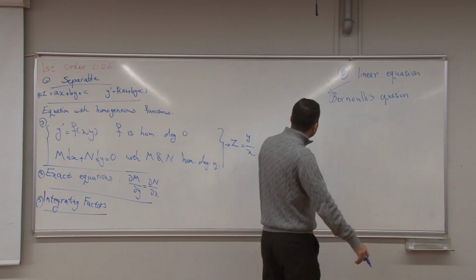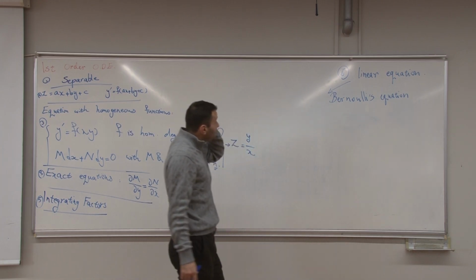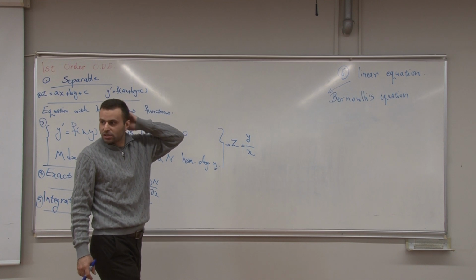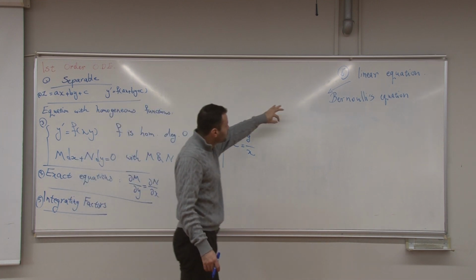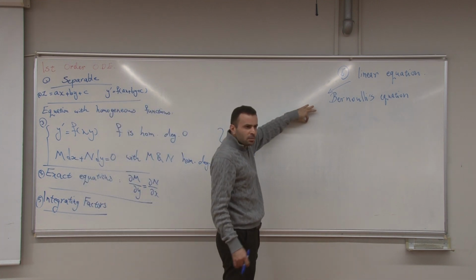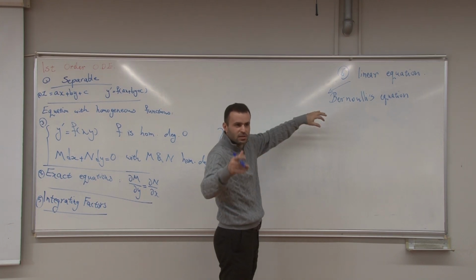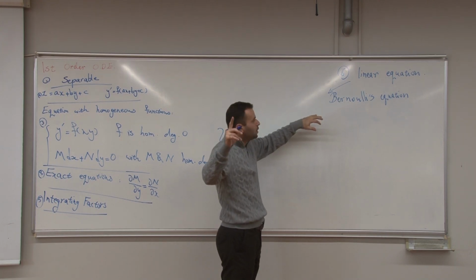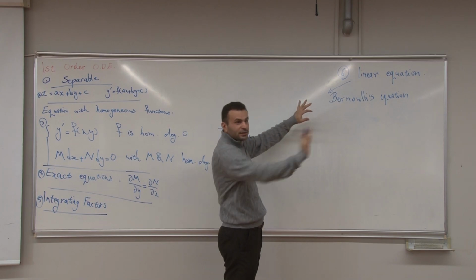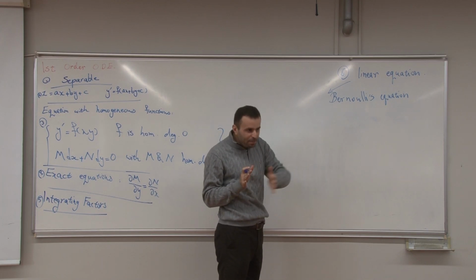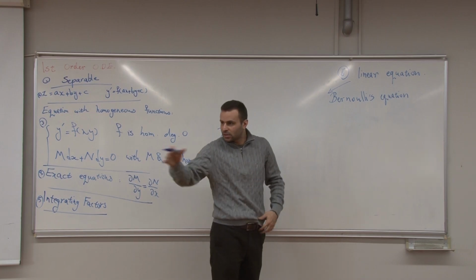We can also have some other branches as well, but they are not going to be linear. For instance, Riccati's equation. It is y prime equal to p of x plus q of x times y plus r of x times y to the power of 2. It is going to get out of the linear part of our equation, so I'm keeping it as a project for you.